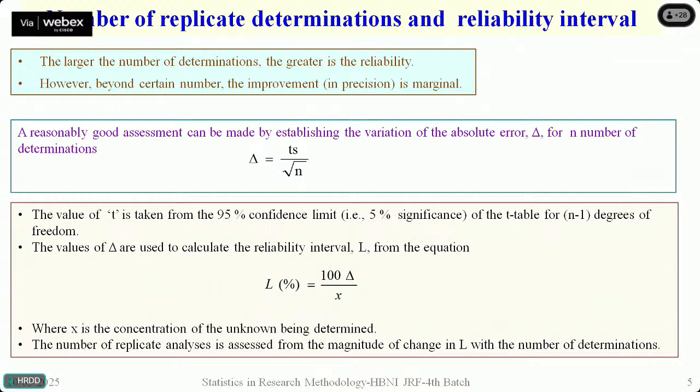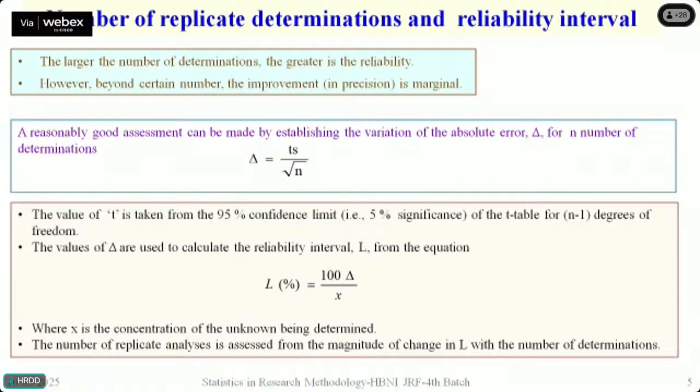And there is one more term which is called the reliability interval, which will include a reference point of whatever base value you are looking at. So it will be 100. It will actually be represented in the form of percentage, that means you will be multiplying that value with 100, with a baseline or the reference point as the actual value, x value, or your measured value.